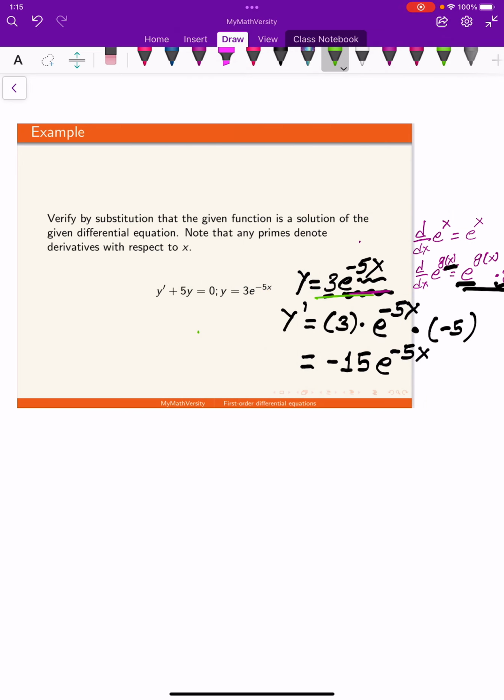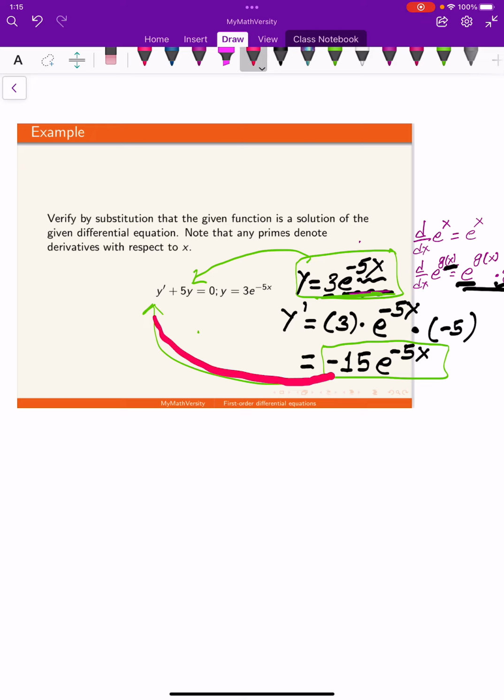So we have already all the required things here. We have y, which can be substituted back on this term of the equation, and this is our y prime, which can be substituted back here, and then see if this will satisfy that equation. So let's do that. I'm going to substitute y prime over here, so this will be negative 15 e to the power negative 5x.